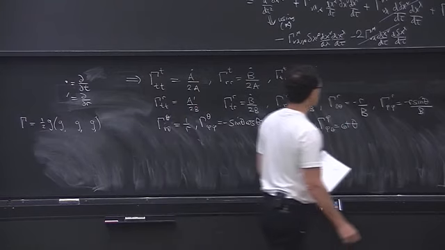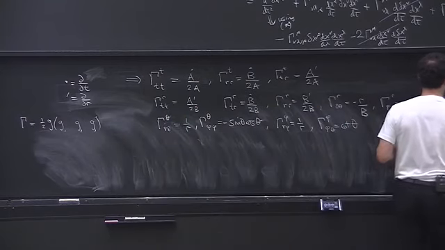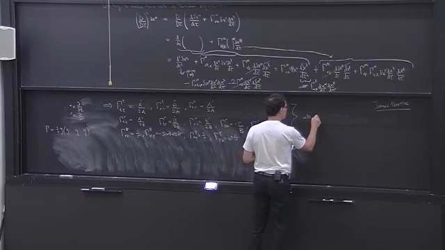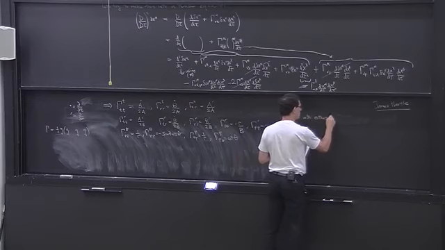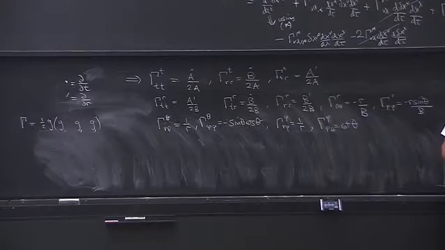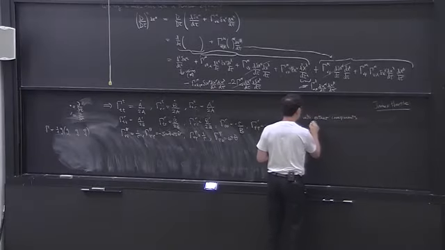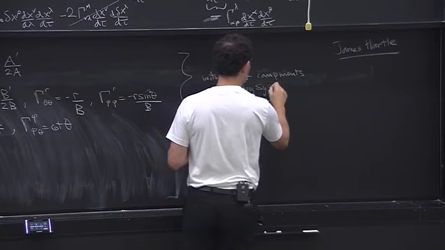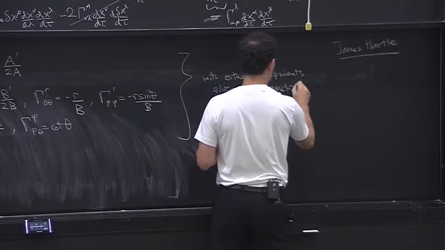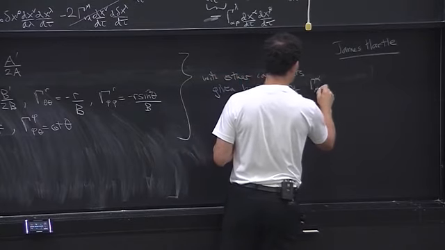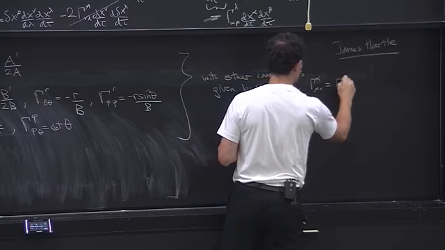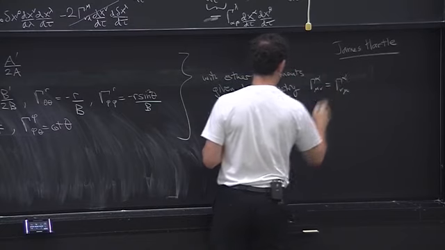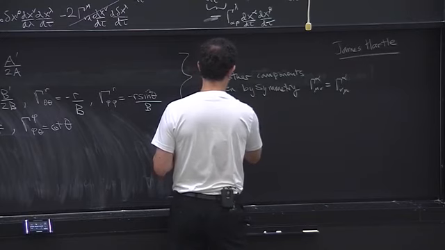Okay, with the other components given by symmetry. By symmetry, I just mean the fact that it's symmetric under the lower two indices, or equal to 0.